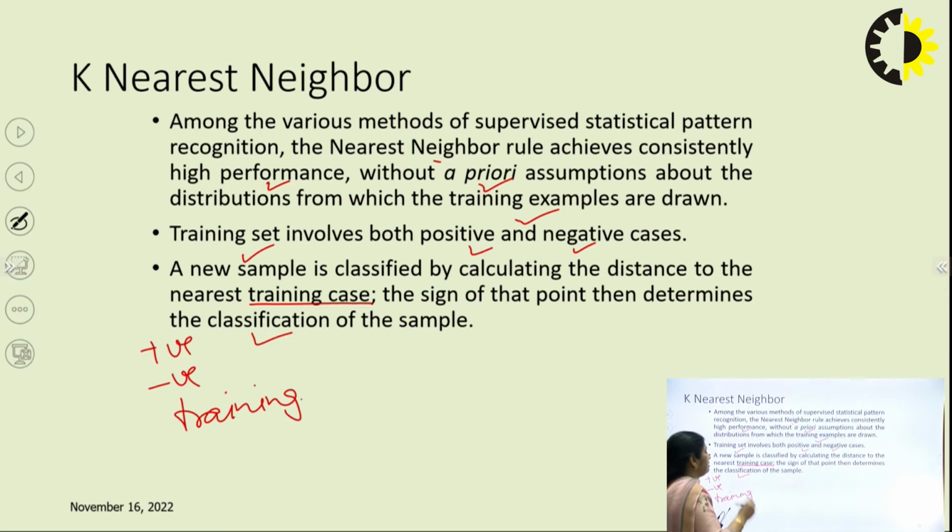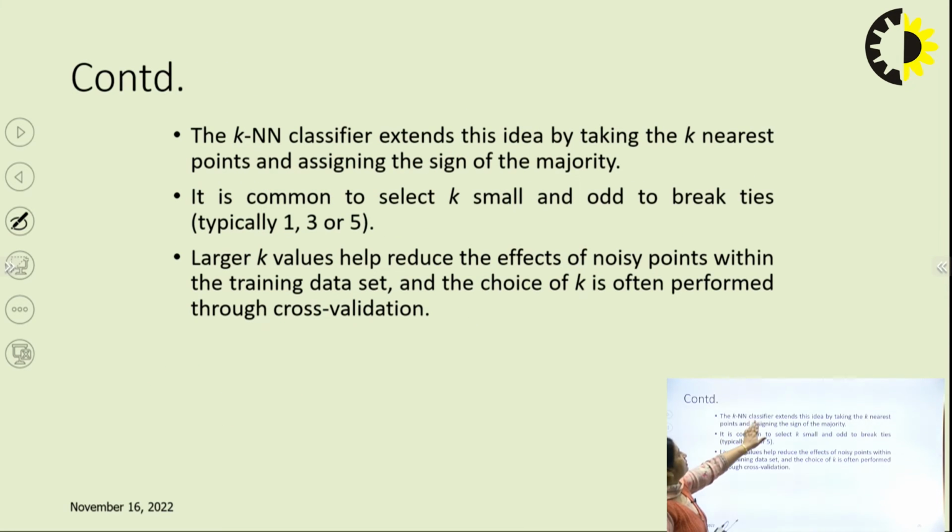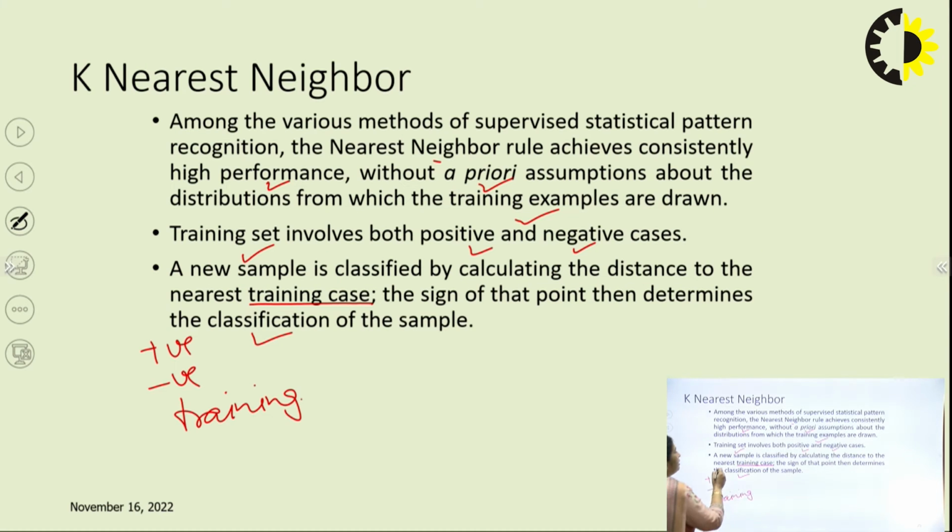This is the nearest neighbor method. The KNN classifier extends this idea of neighbors by taking the k nearest points. Just as we said on the last slide, it talks about the nearest training case.